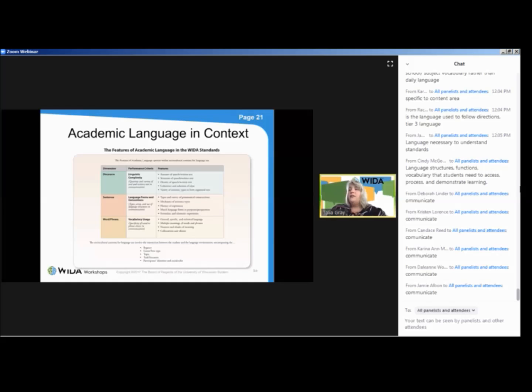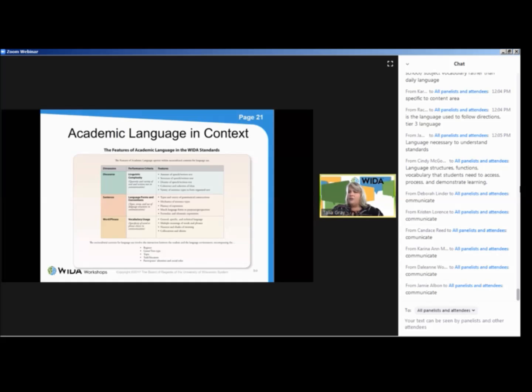All right, so let's take a few minutes to talk about academic language and context. Now, this graphic is excellent. It's on page 21 of your webinar guide, and this is the features of academic language in the WIDA standards. So this sums up what academic language is for us as teachers of multilingual learners or English language learners.